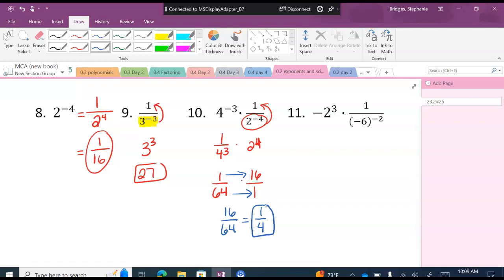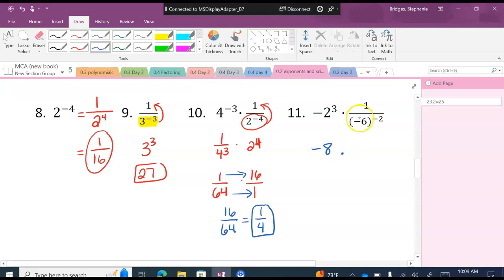Did anybody run into any issues with number 11? If we depend solely on our calculator, I've been finding an issue with that second piece. First of all, with the first part of it, negative 2 to the third power, what is that? Negative 8, okay. My exponent's not negative, so I don't need to move that.